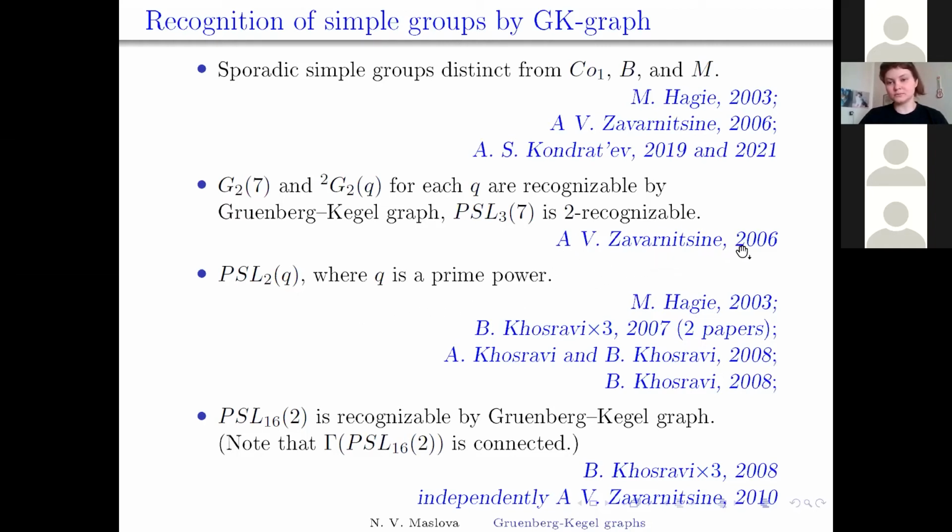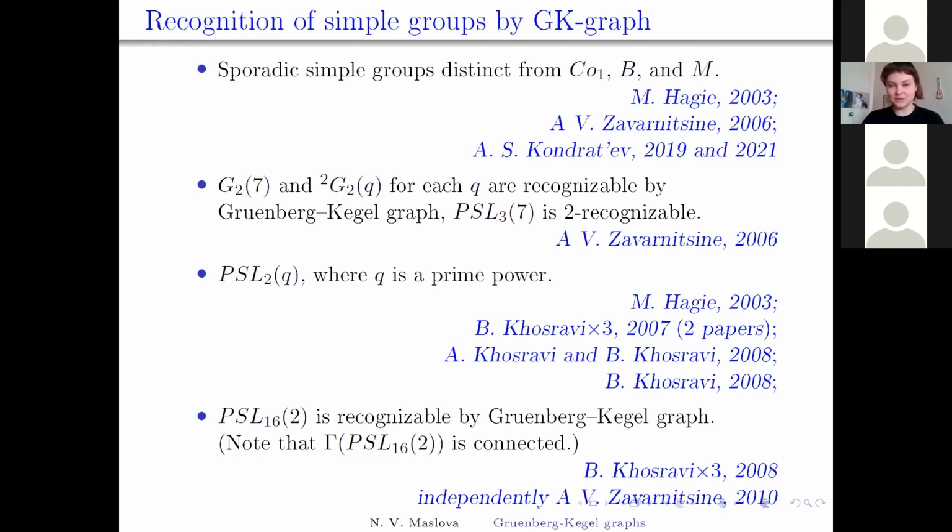The first paper was by Mina Hagi from Japan, and two papers by Khosravi. They are very interesting authors. They are three brothers with the same surname Khosravi, and there is a series of papers by these three authors.